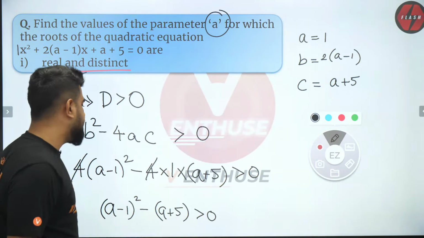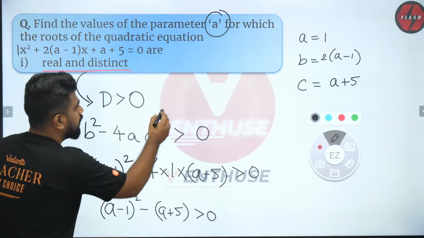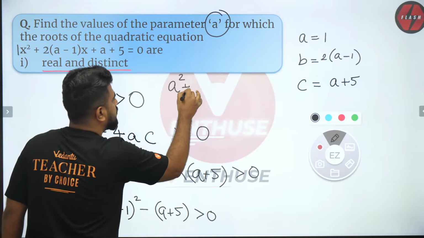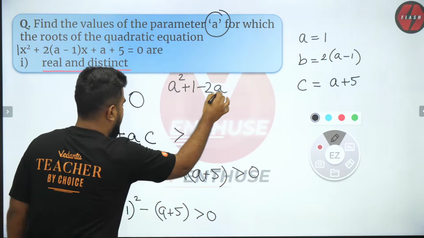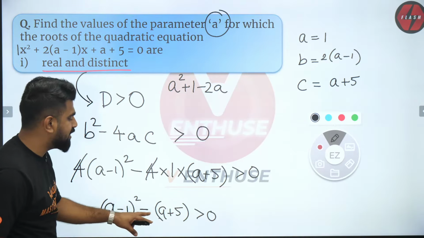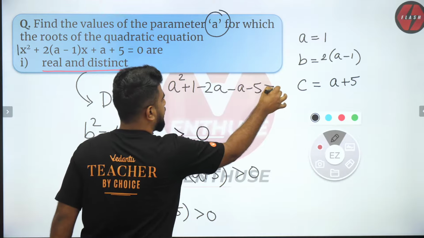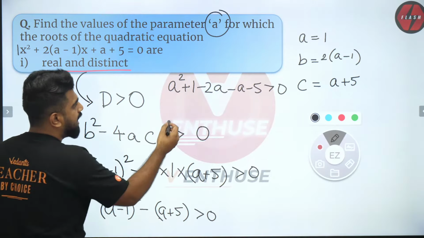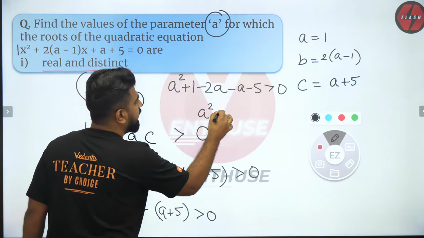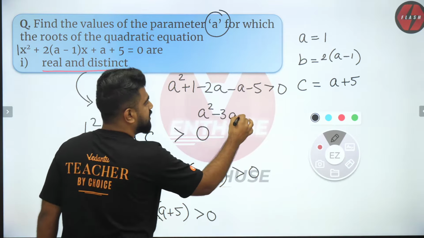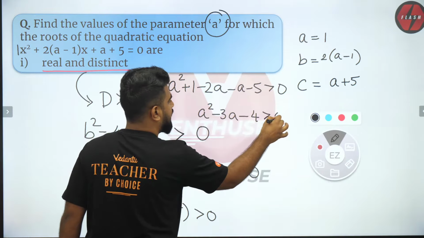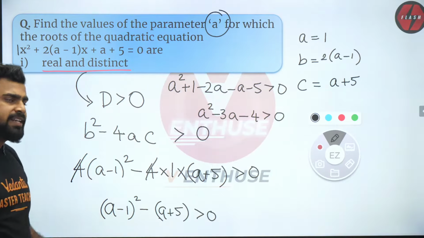I hope everybody is clear with that. So let's open this. It is going to be a square plus 1 minus 2a. Then we have minus a minus 5. Minus a minus 5 is greater than 0. So I will be left out with a simple equation. A square minus 3a minus 4 is greater than 0. I hope everybody is clear with that.